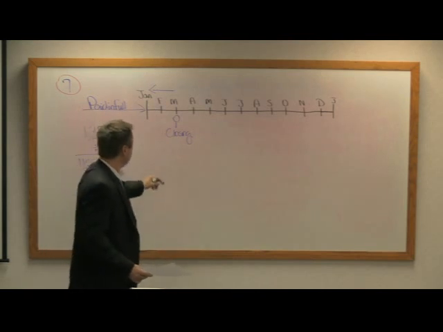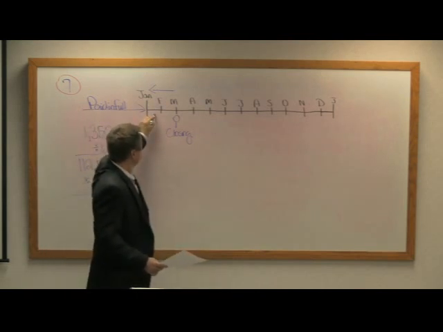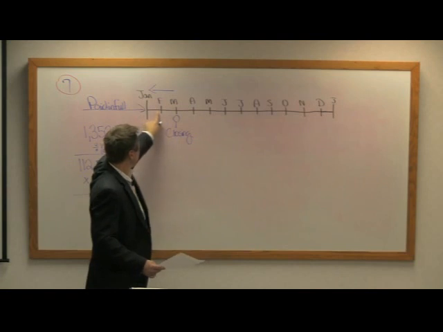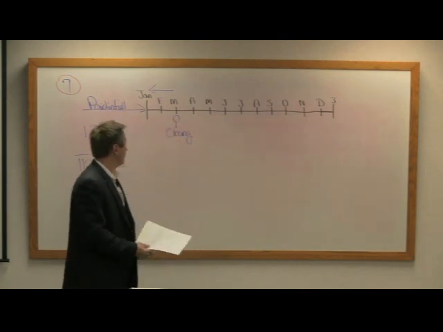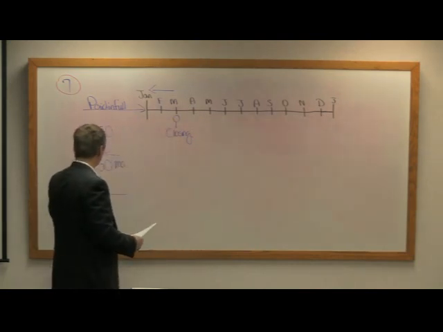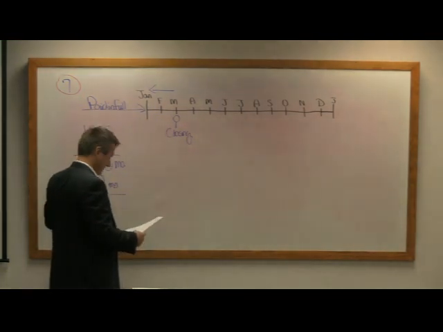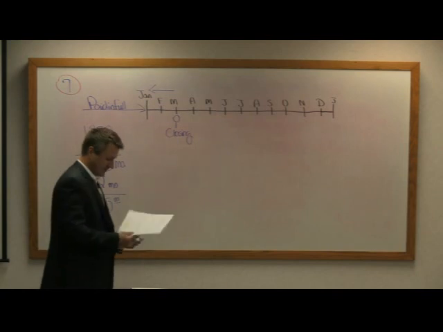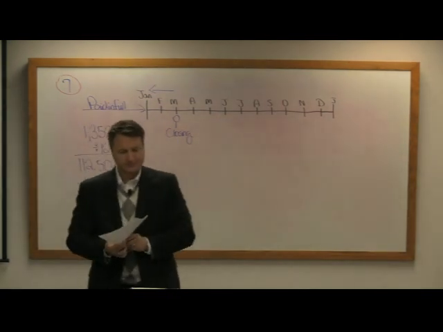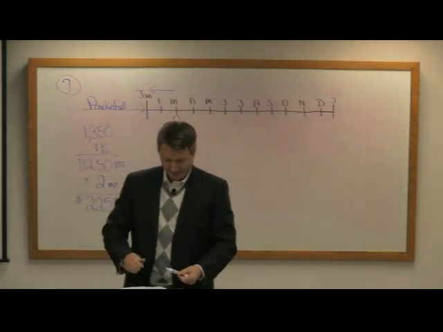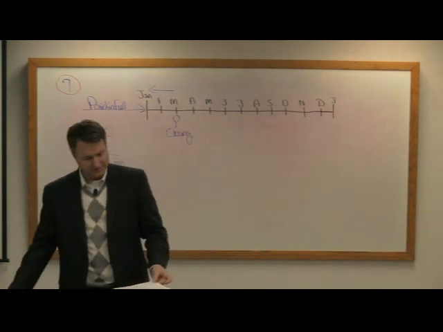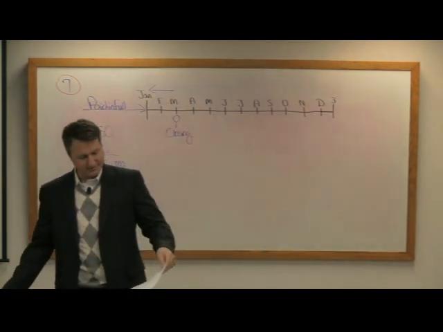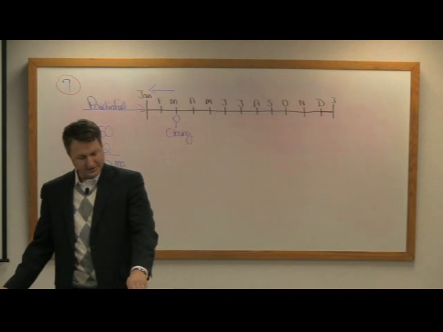So how many months do we have? 2. We have all of January, all of February. That's 2 months. $112.50 times 2 months gives us $225. And that's a credit to who? Credit buyer, debit seller. And that's the way it'll appear on the settlement statement.